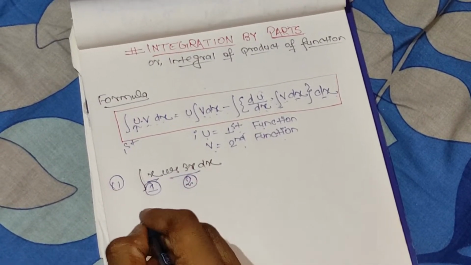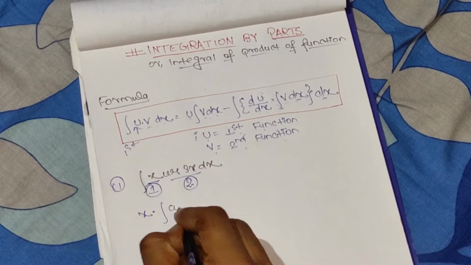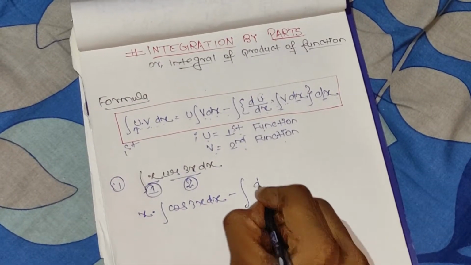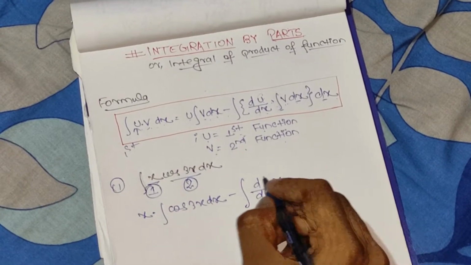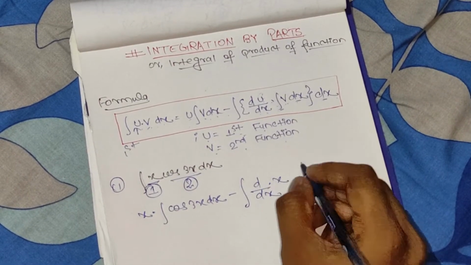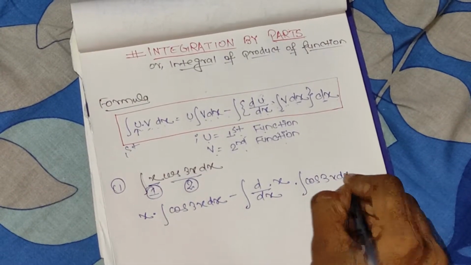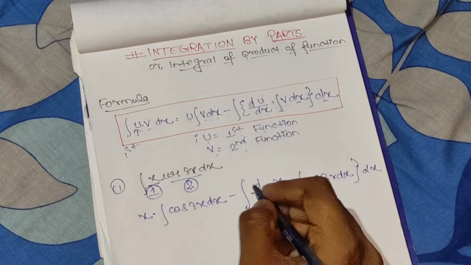Now first function into integral of second function, meaning integral of cos 3x dx, minus integral of differentiation of first function. The first function is x, so its derivative is 1, into integral of second function, cos 3x dx, and lastly we write dx.